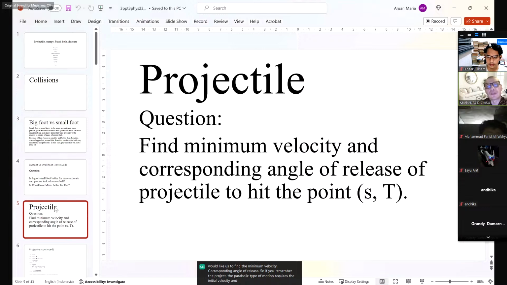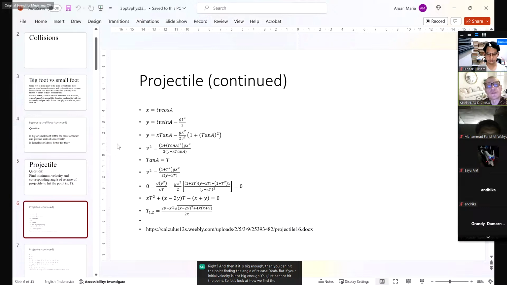If you want to hit a point somewhere, you must make sure that your initial velocity is big enough, and then you can hit the point by finding the angle of release. But if your initial velocity is not big enough, you just cannot hit the point. So let's look at how we find the minimum velocity.